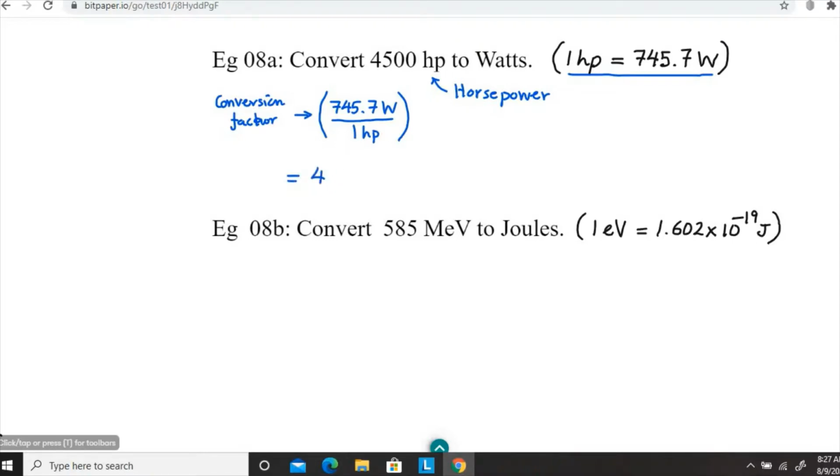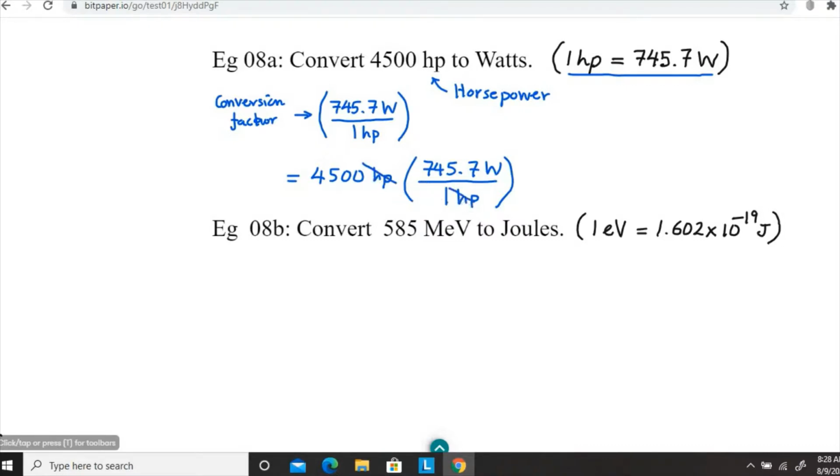So 4500 HP multiplied by 745.7 watts over 1 HP. And now, as I told you previously, the units will cancel out similar to algebraic terms.